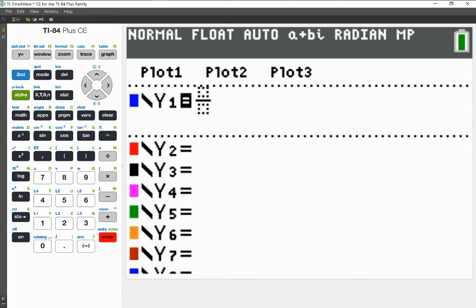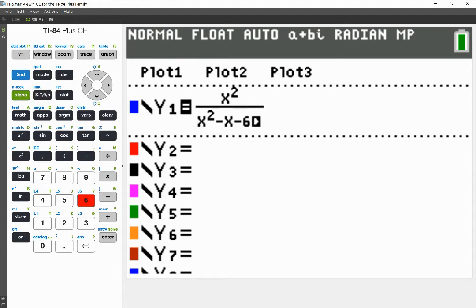Okay, to get the fraction bar, x squared over x squared minus x minus 6.